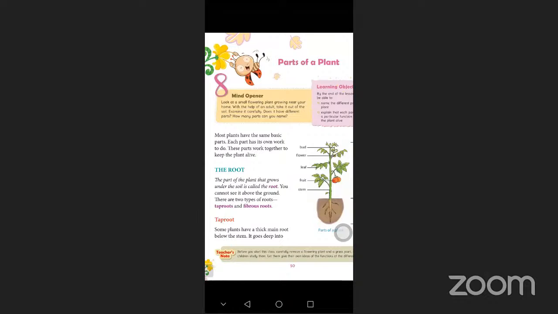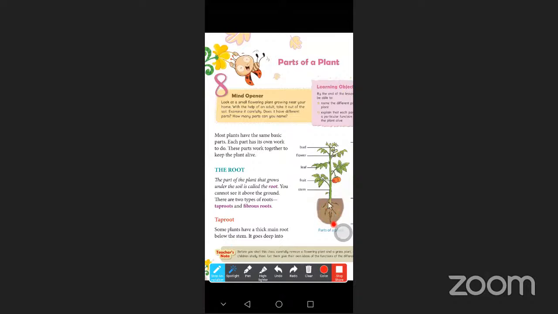Okay? So each part has its own work. Every part in the plant has its own work, some functions. So the roots have some work.